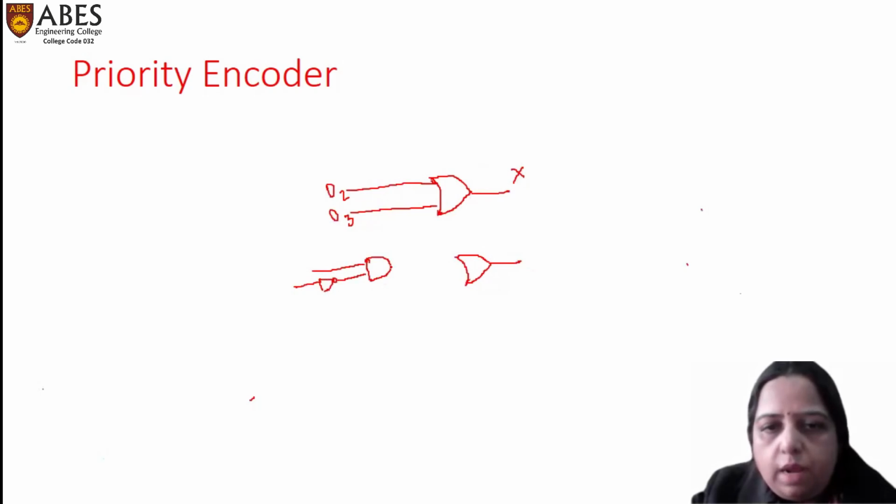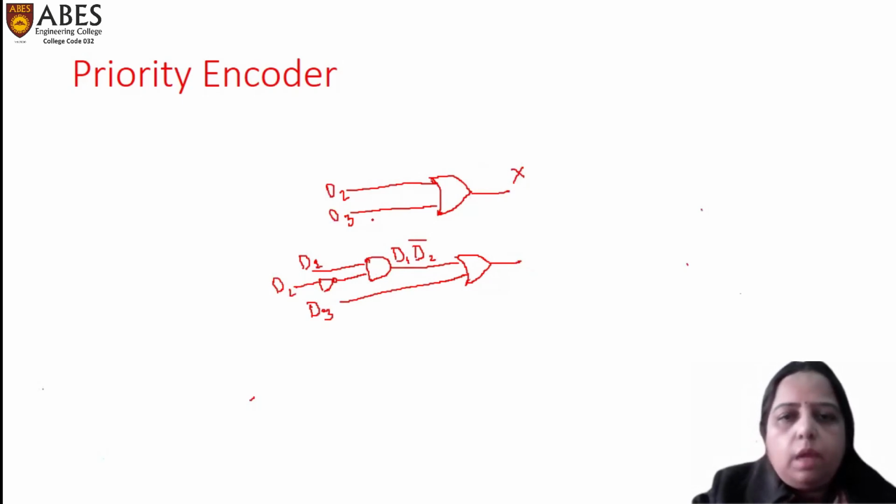So from here we get D1 D2 bar, and then we have the D3 input as well. We can even connect D3 from the same input as we have given for X, and this is for Y.